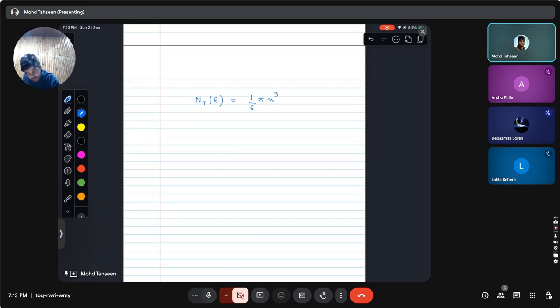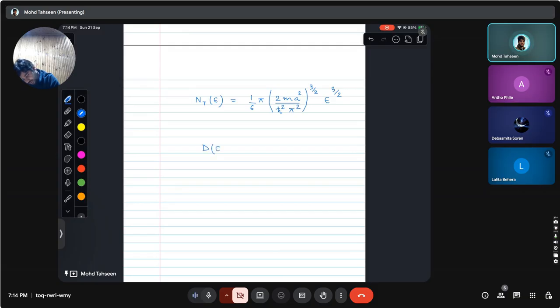No, let me write it in terms of the mass. It is (2m a square divided by h cross square pi square) to the 3/2 and E to the 3/2. So this is the total number of allowed states.